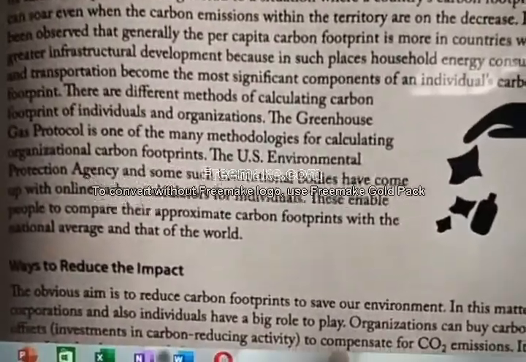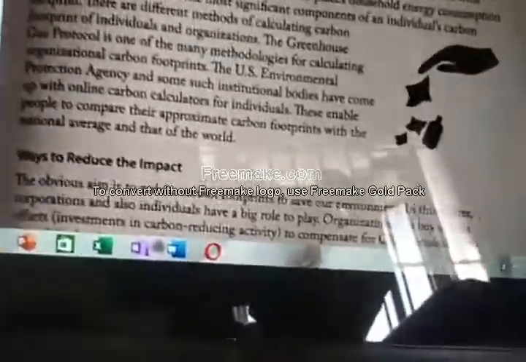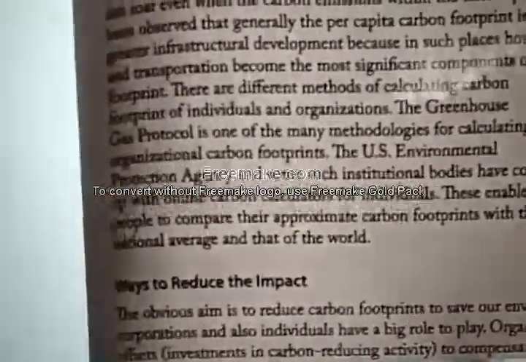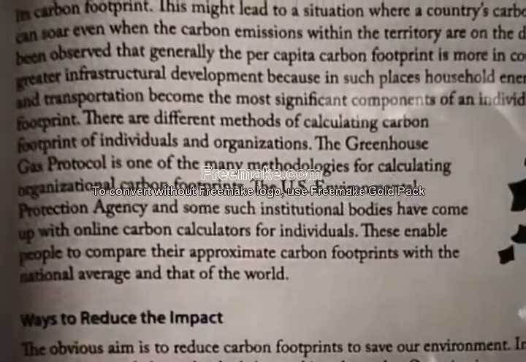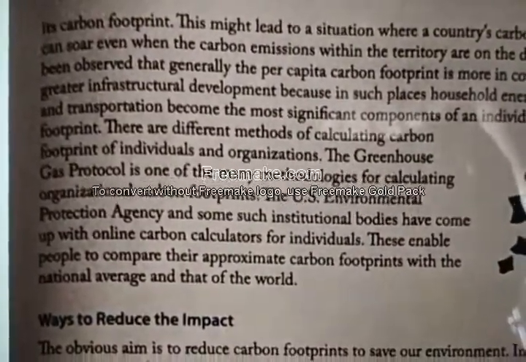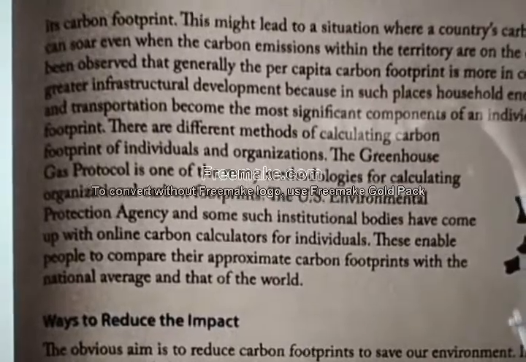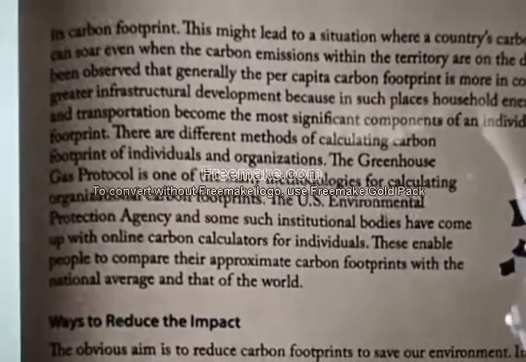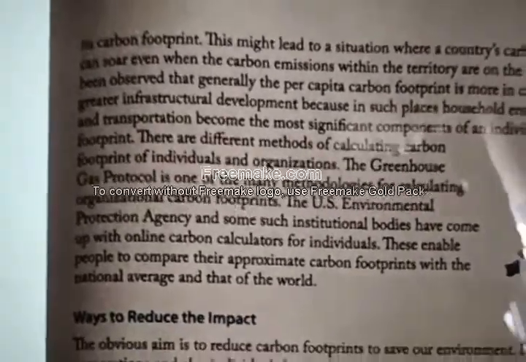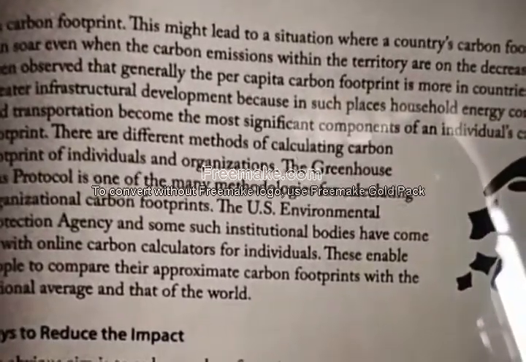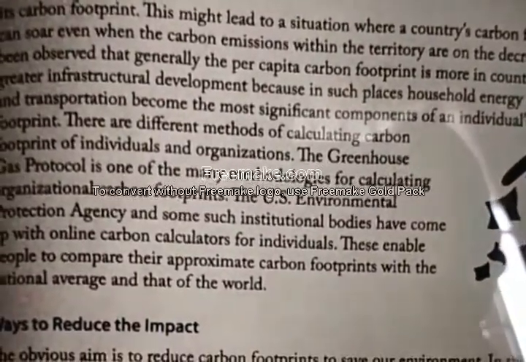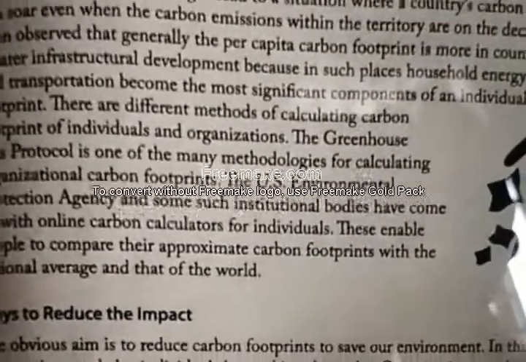The U.S. Environmental Protection Agency and some such institutional bodies have come up with online carbon calculators for individuals. A few tried to calculate how each and every individual in this world produces carbon dioxide, and how much they produce. What are those?